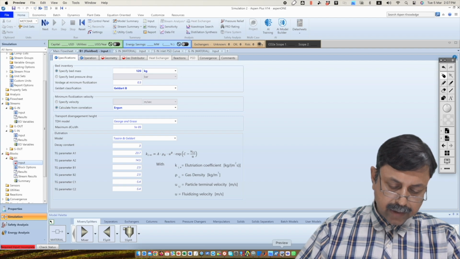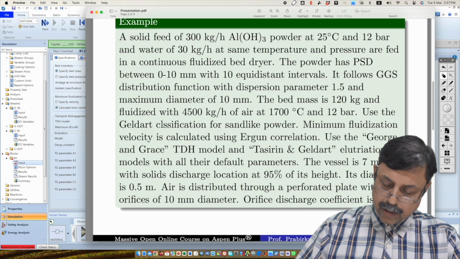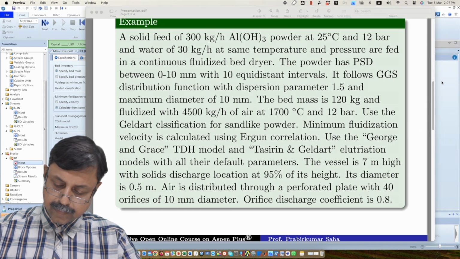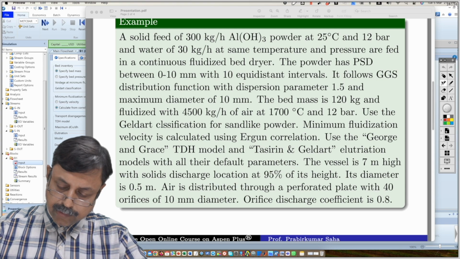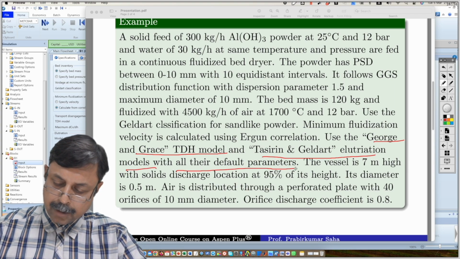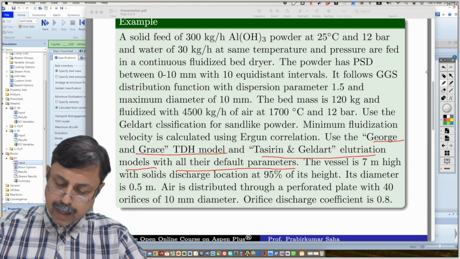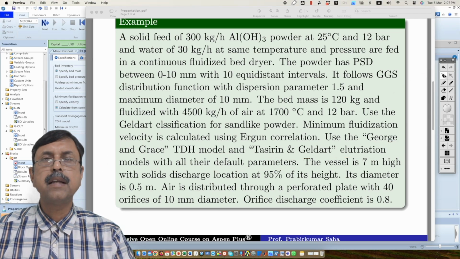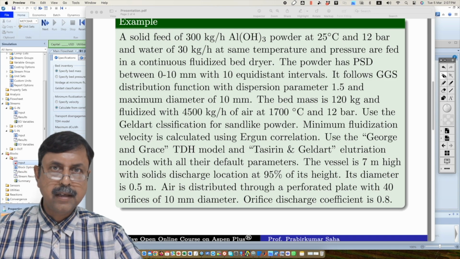About transport disengagement height and the elutriation model, they have said to use the George and Grace TDH model and the Tasirin Geldart elutriation model with all their default parameters. So basically, they are asking us to use the default condition which Aspen Plus has given.